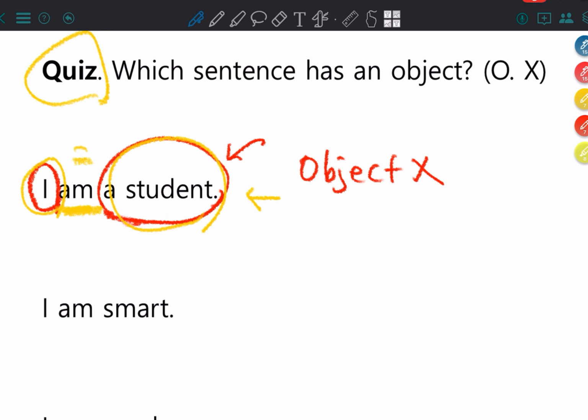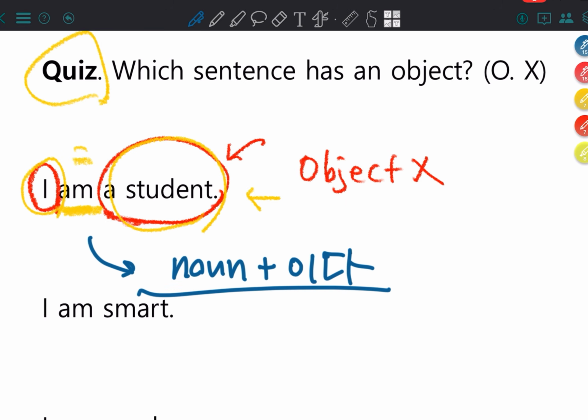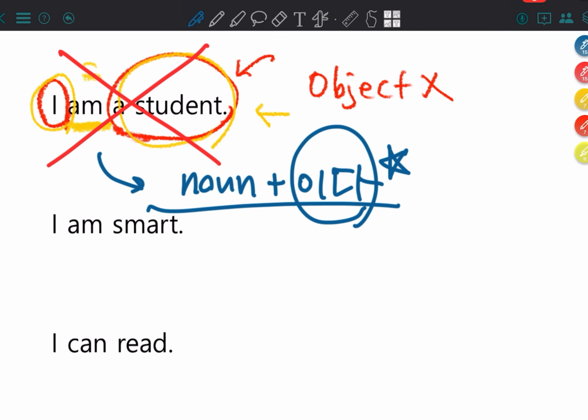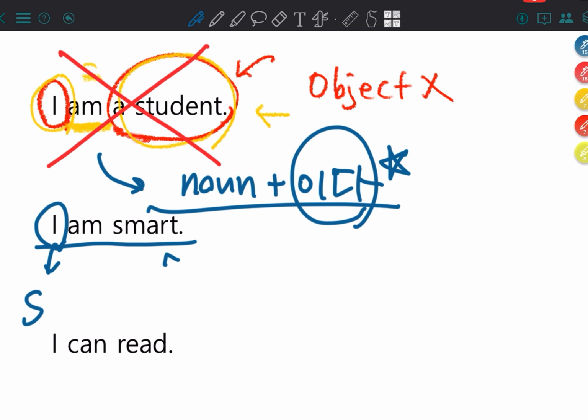And actually guys, this is the sentence where noun plus ida verb has to be used. And we're going to learn more in depth about ida verb in the next lesson. How about I am smart? This one, I is the subject. And can you spot any object here? Nope.